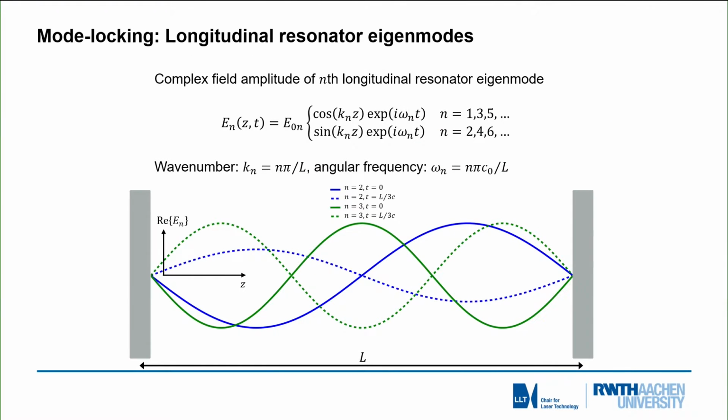Well, mode locking has to do with modes, so let's take a look back to the eigenmodes, the longitudinal eigenmodes in a resonator. So not all frequencies are allowed to oscillate in a resonator. Here's a brief sketch of the lowest modes, the lowest orders of the modes.